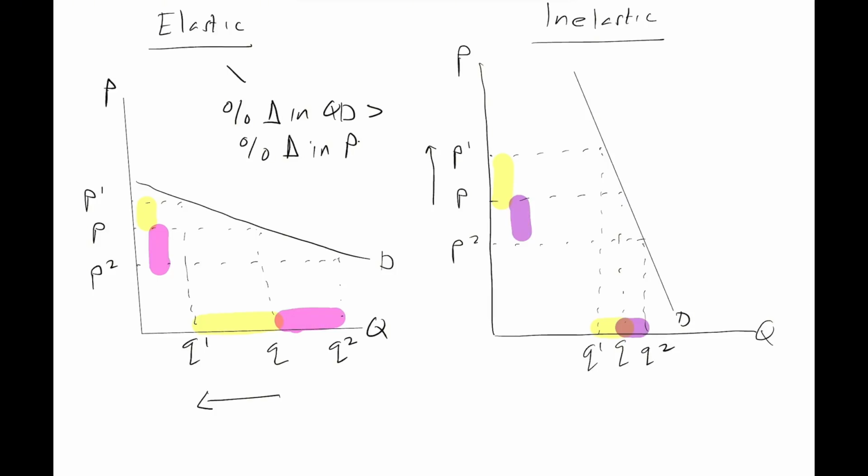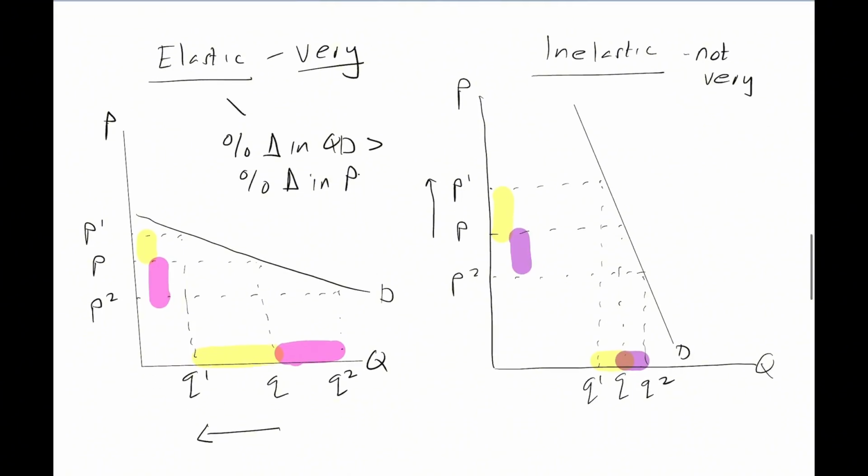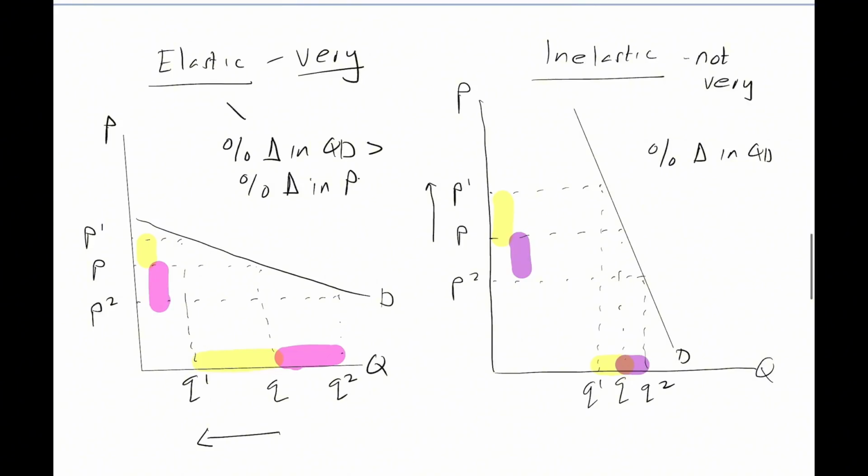So elastic, we're looking at products where the demand is very responsive, whereas inelastic, the demand is not very responsive to a change in price. And again, for inelastic, the percentage change in quantity demanded will be less than the percentage change in price.